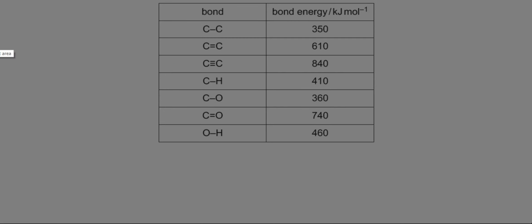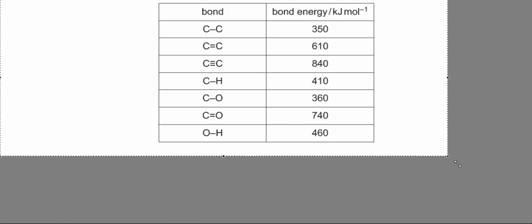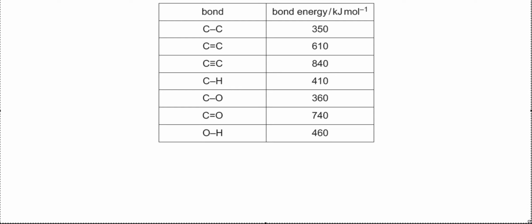Let me write the formula for you. Here the formula is enthalpy change. If you are going to say reaction 1, okay, if not, no problem, just write enthalpy change, which is the sum of the energies of reactants minus the sum of the energies of products.